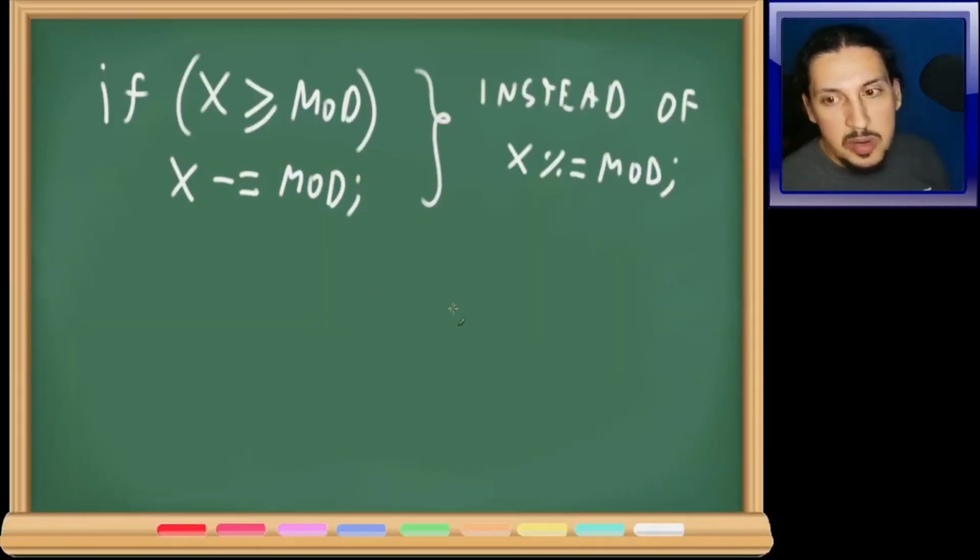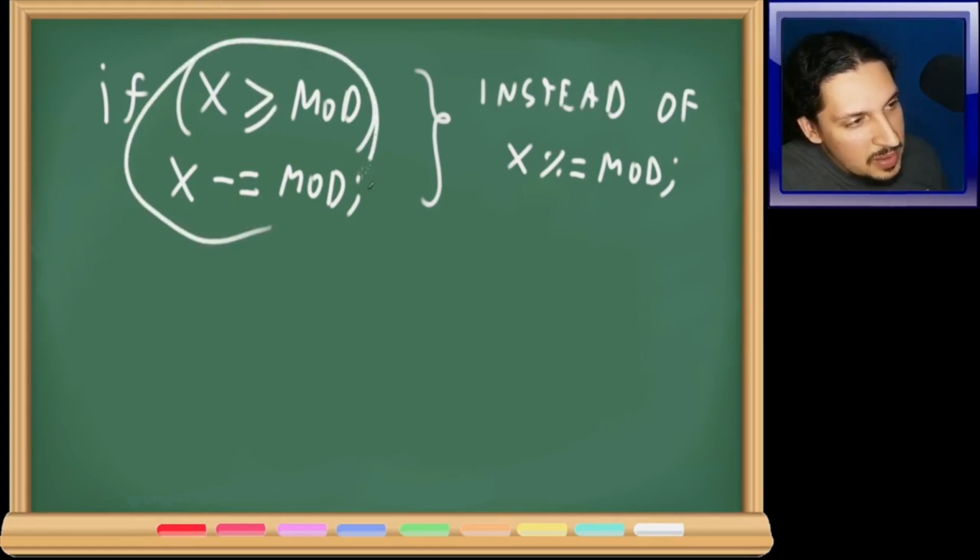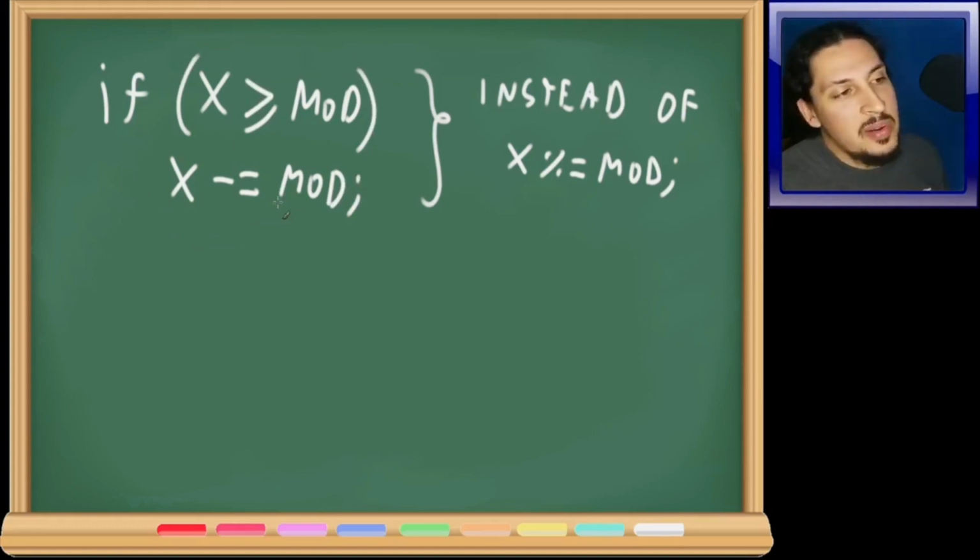And this is much more error prone. For example, if you are multiplying instead of just adding, or if you forget to subtract after one single addition, maybe you're too far away and one subtraction won't do, and it's already a wrong answer.